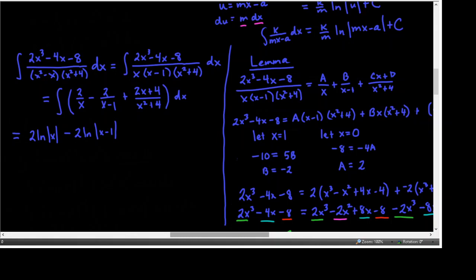The next one, if I tried to let u equal x squared plus 4, du would be 2x dx. And that's not exactly what I have, but what I can do is something we talked about earlier: this third fraction can be split into two pieces, 2x over x squared plus 4.